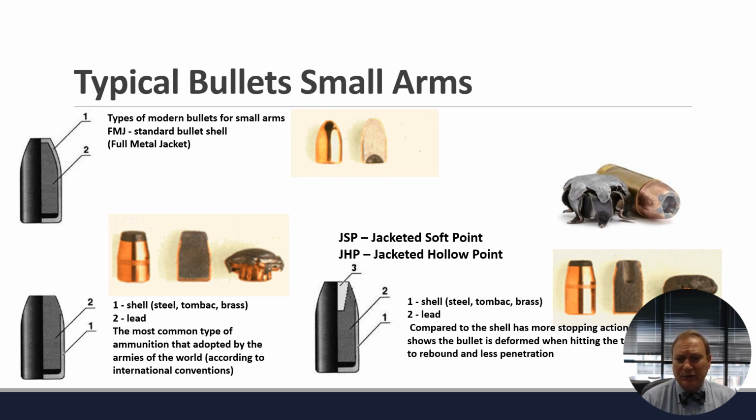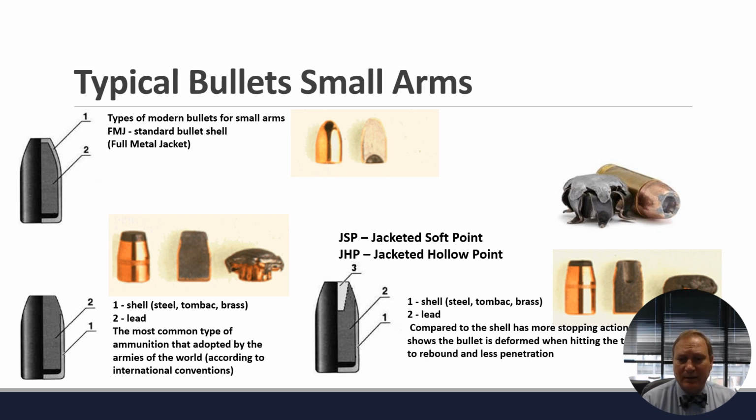A hollow point or a jacketed hollow point can be far more catastrophic. The intent with a jacketed hollow point type ballistic is upon impact, it spreads out, it creates a much larger injury, particularly on exit and all of the tissue in between. So once it has initial impact, anything beyond that, again, it'll spread out, it'll cause a lot of damage.